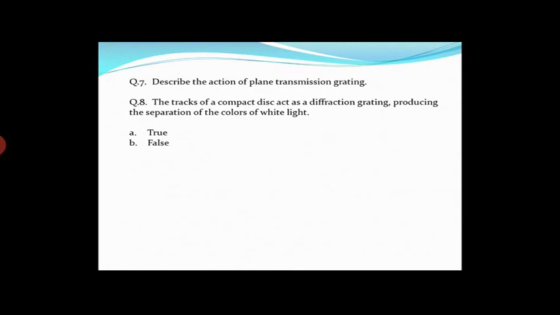The next question is, the tracks of a compact disc act as a diffraction grating, producing the separation of the colors of white light. Option A, it's true. Option B, it's false. You have to choose the correct option for this question.